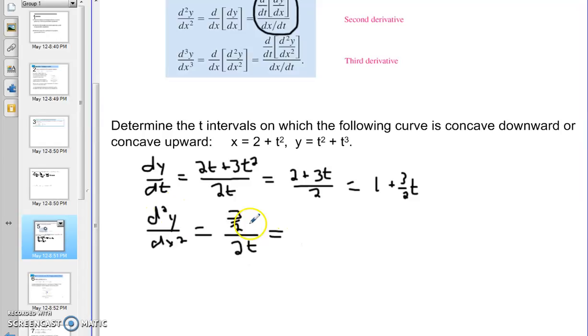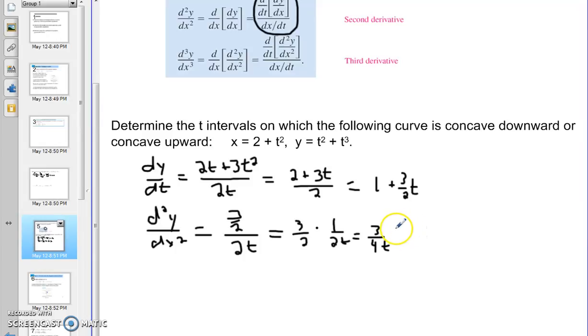And we'd get, first one I'd leave alone, the second one I'd flip. We'd get 3 halves times 1 over 2t, which is equal to 3 over 4t, or 3/4 times t to the negative first.